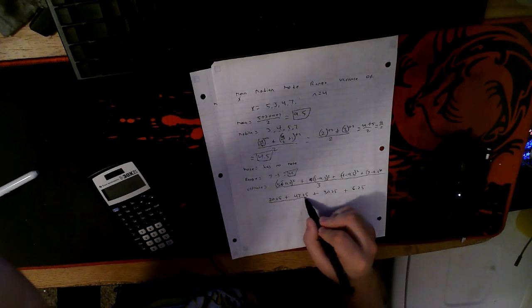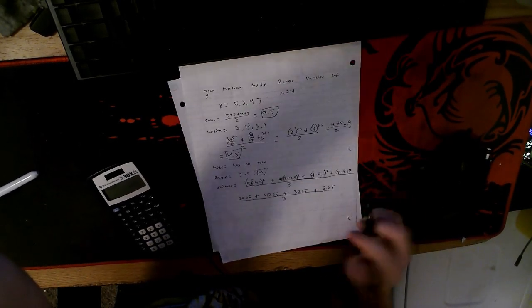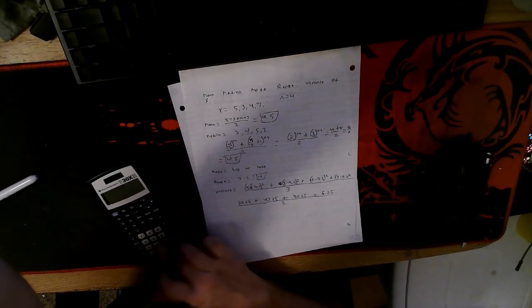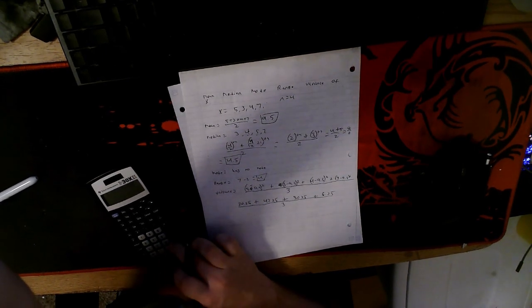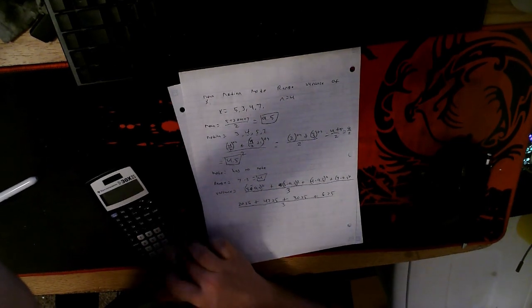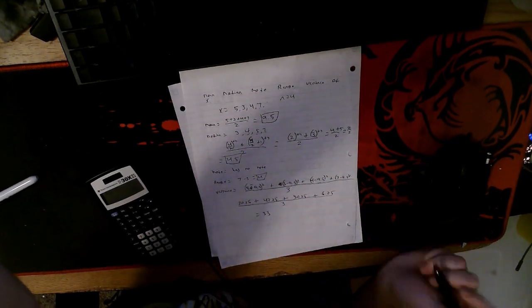All over 3. So then we'll do that math. 20.25 plus 42.25 plus 30.25 plus 6.25 divided by 3. And that gives us a variance of 33.